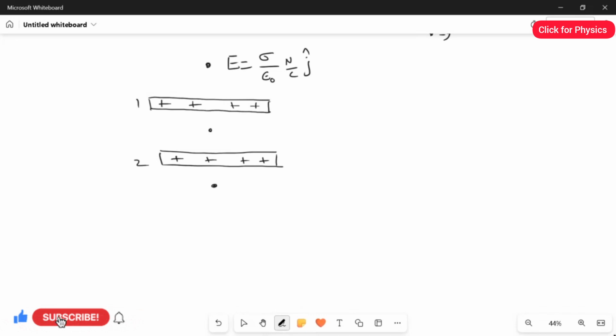Likewise, when you come to the middle, we will get the electric field equal to 0, because the electric fields due to plate 1 and plate 2 based on the charges will be opposite to each other. So that's the reason the electric field will become 0 in the middle. But when you come to the bottom of plate 2, that means below plate 2, we will get the electric field E equal to sigma over epsilon naught, and the unit is Newton per Coulomb.